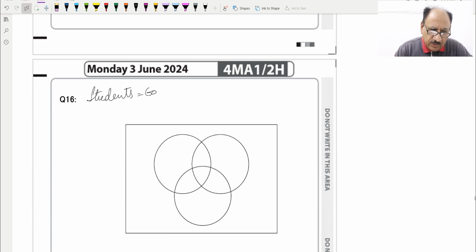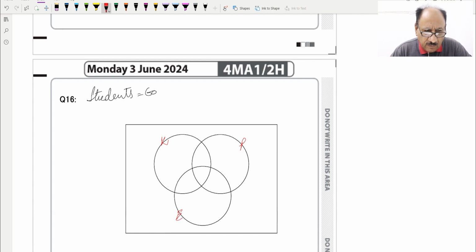Now if you go through the question, 60 art students were asked if they would like to attend workshops for knitting, and the knitting portion is this one. Photography is this one, and embroidery portion is this one.